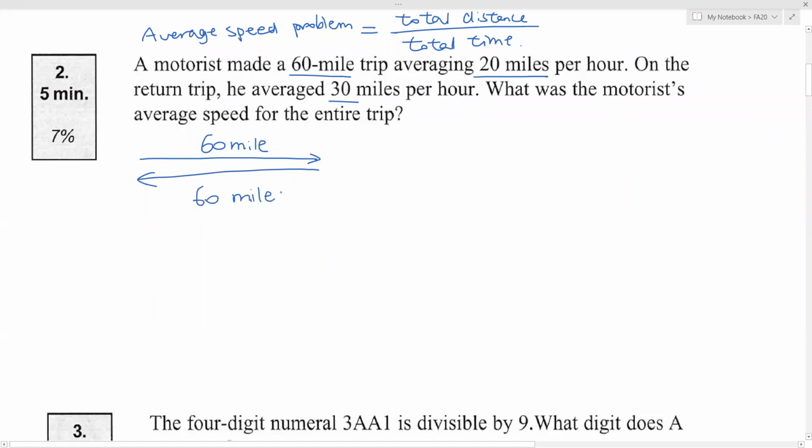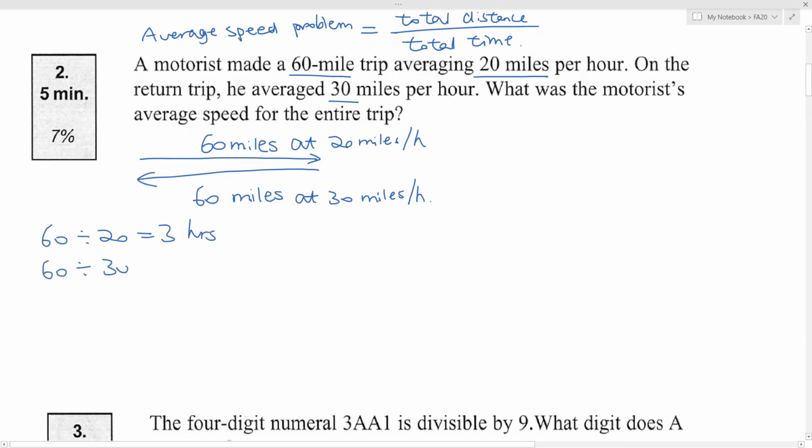So I wrote that time equals length divided by speed. So for this way, 60 divided by 20 equals 3. So that'll be 3 hours because it said it averaged 20 miles per hour. So like the way back.